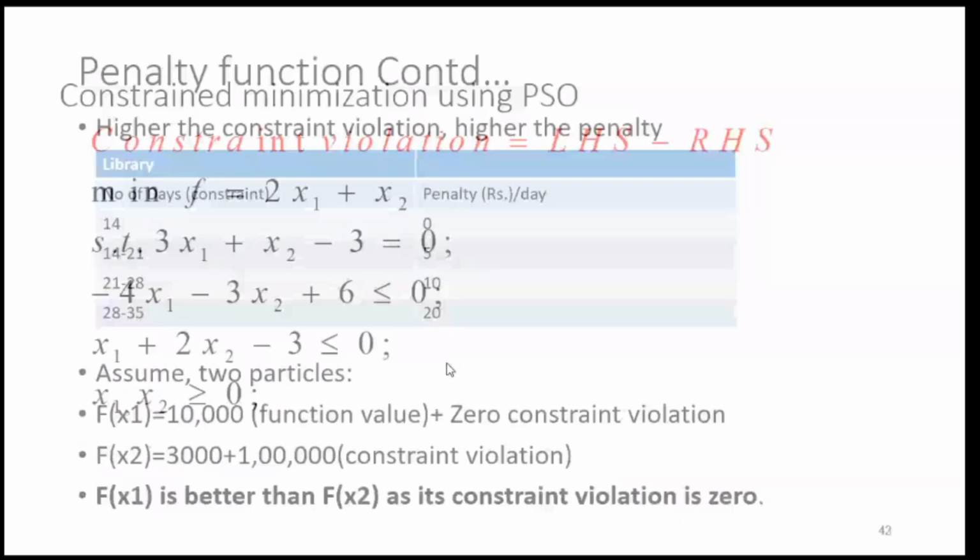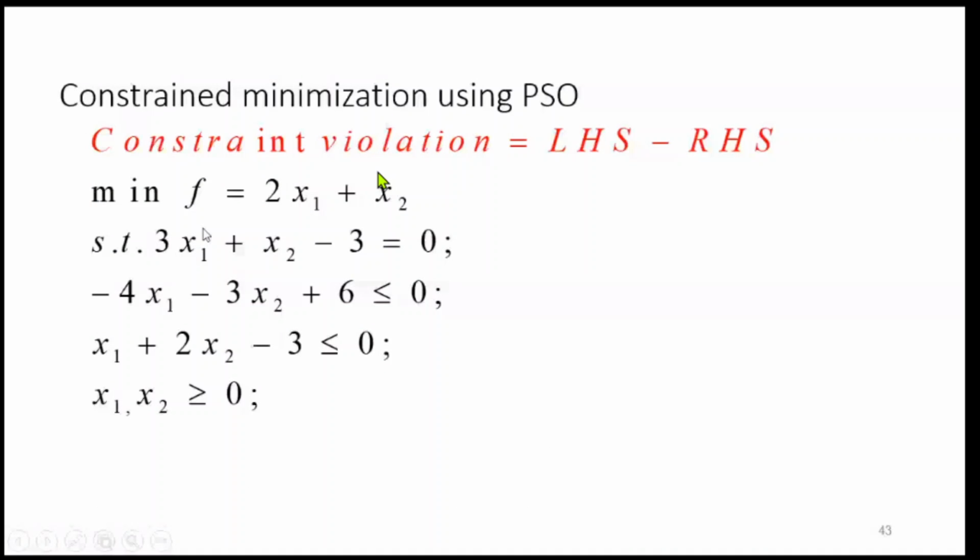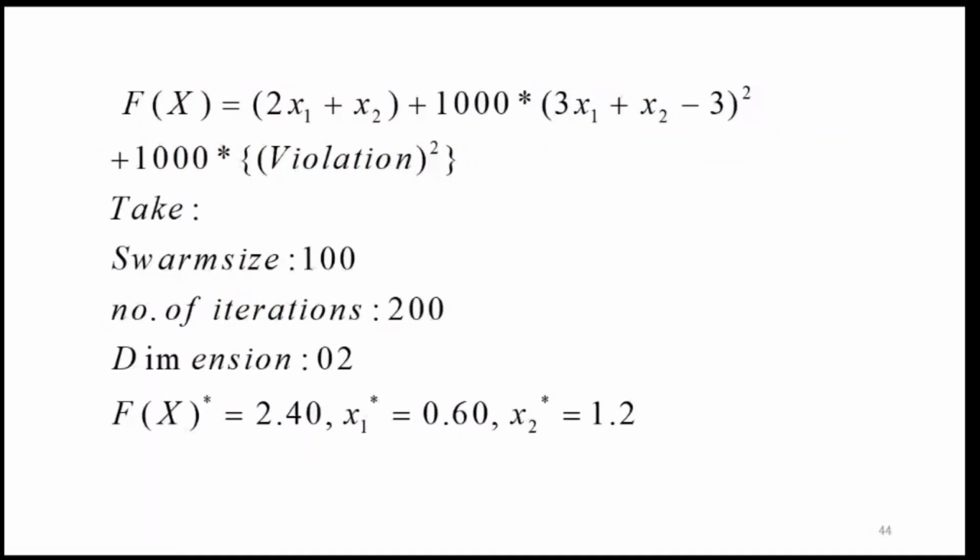So I have considered this minimization of 2x1 plus x2. It means this sum, right? 3x1 plus x2 minus 3 is equal to 0. Subject to minus 4x1 minus 3x2 plus 6 should be less than or equal to 0, and x1 plus 2x2 minus 3 should be less than or equal to 0, and x1, x2 should be greater than or equal to 0, right?